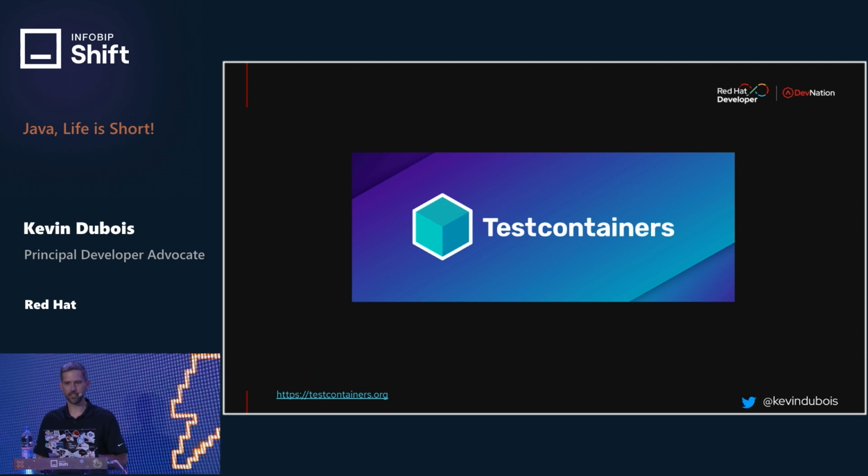So test containers, for those who aren't familiar with it, basically allows you to, instead of having to install, you have a test and that has a dependency on a database or something.